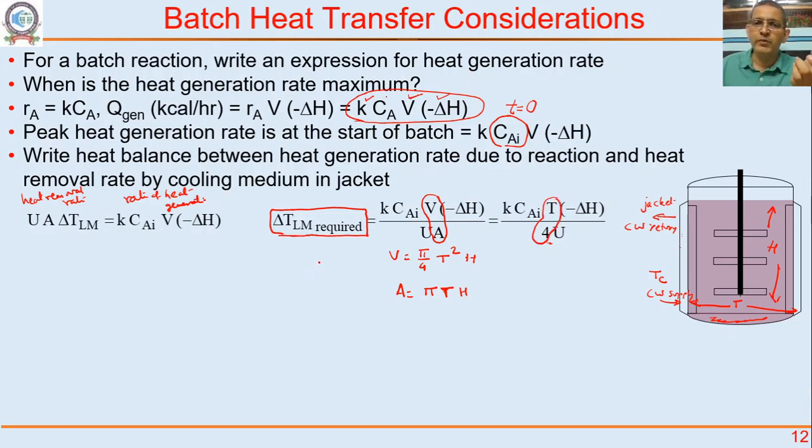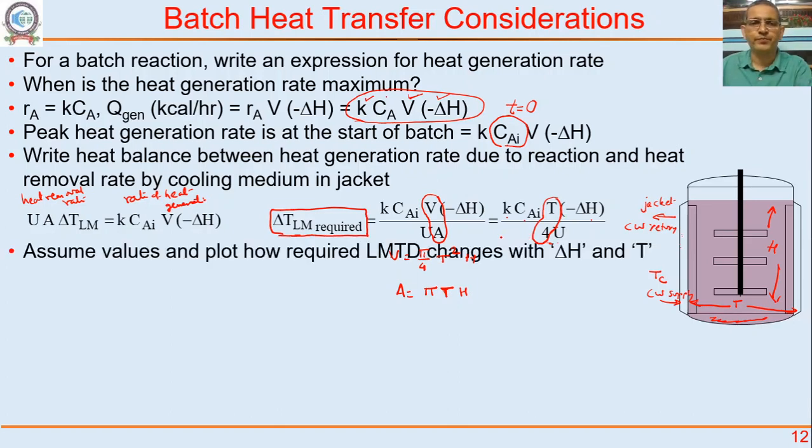Now what I want you to do is plot this delta T Lm required for different values of K, different values of CA, different values of delta H, different values of T, and different values of U. I'm just going to show you two considerations: how it changes with delta H and how it changes with the tank size T, the reactor diameter.